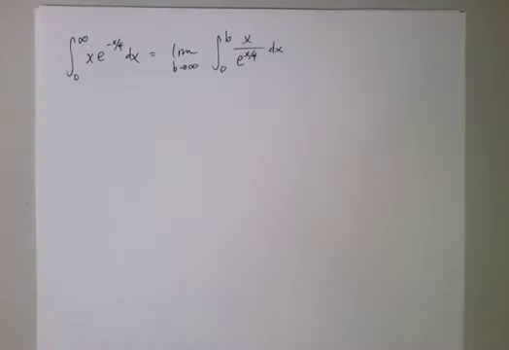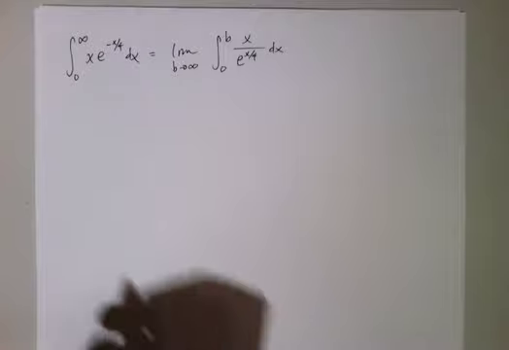Is that denominator strong enough to drive the function toward the x-axis fast enough such that this infinite interval still yields a finite area? And my hunch on this one is yes, because the denominator is an exponential, and exponentials are so much more aggressive than anything that's polynomial.